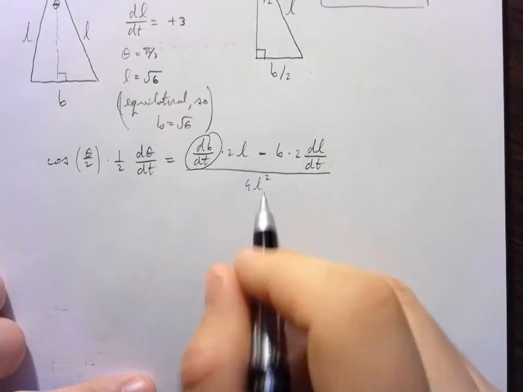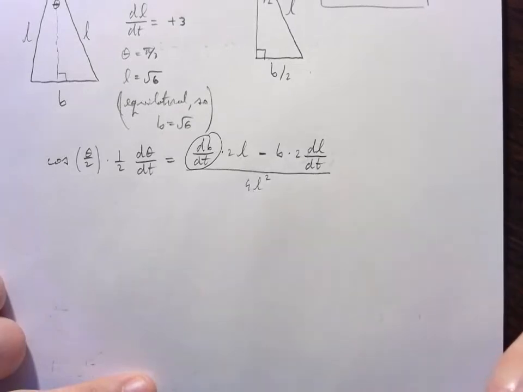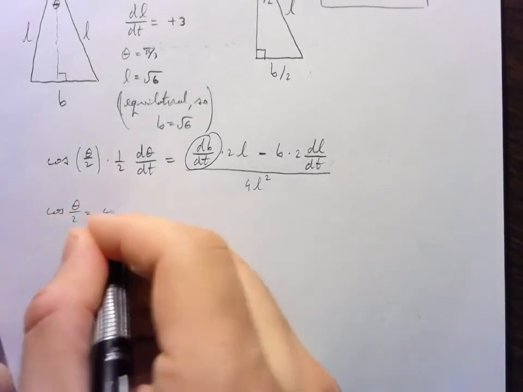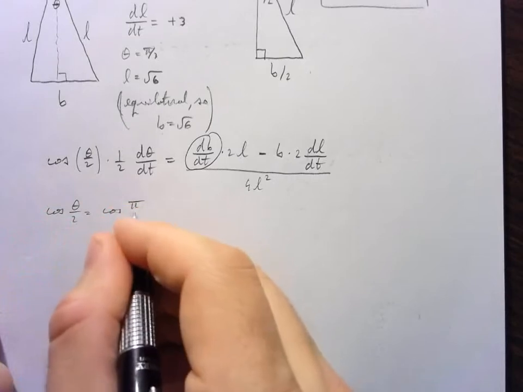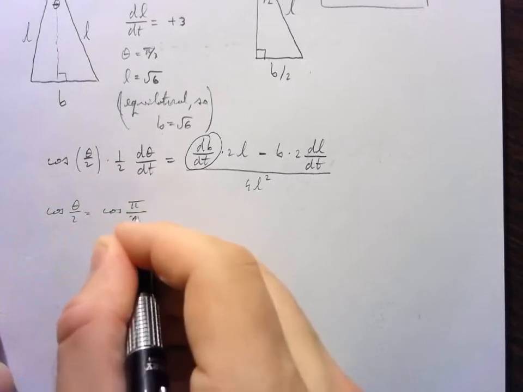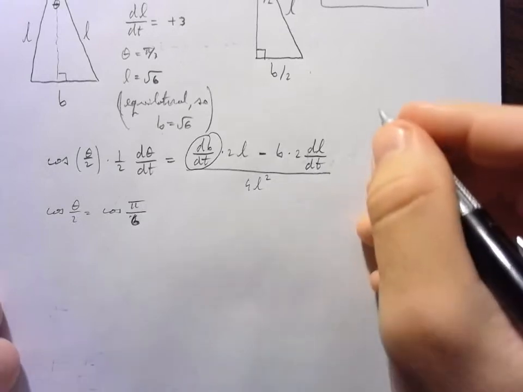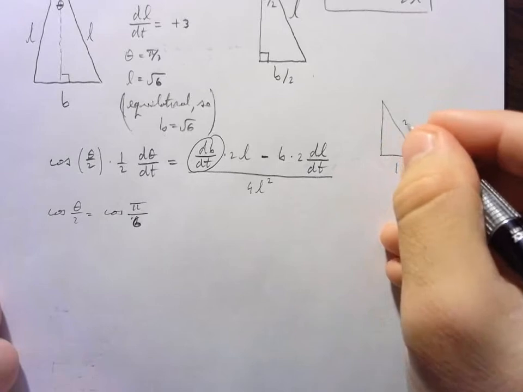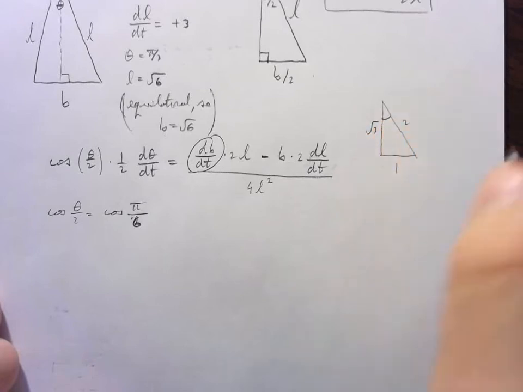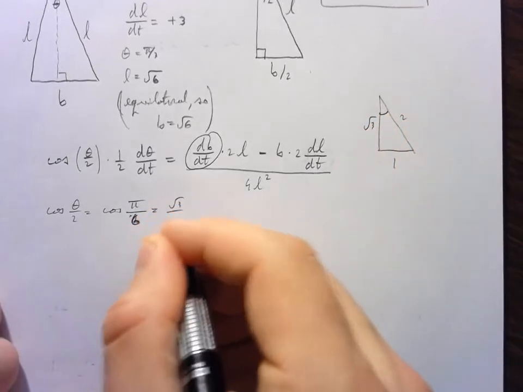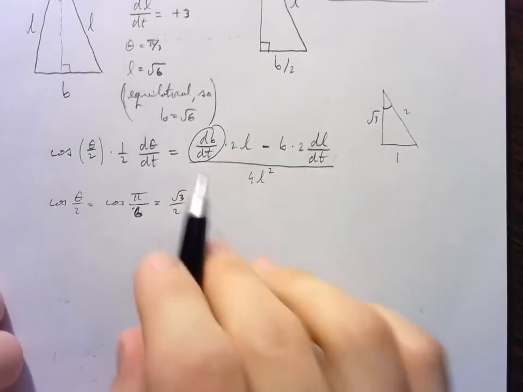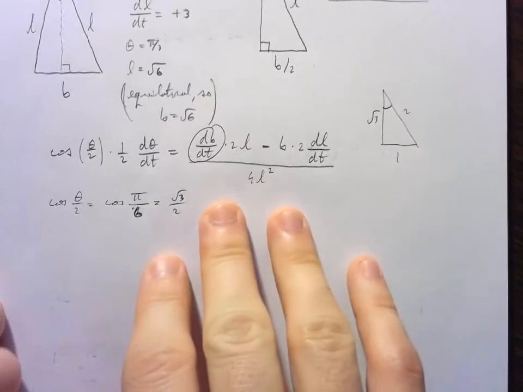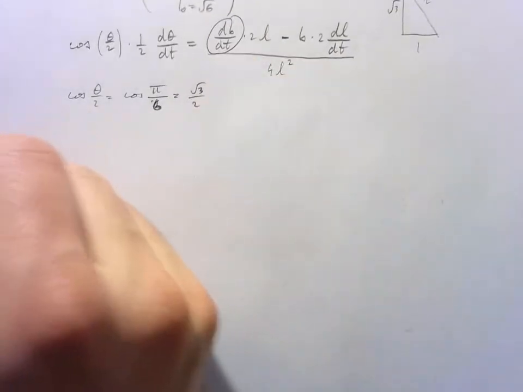I know L and B, and cosine of theta over 2 is going to be cosine of, since theta is pi over 3, cosine of pi over 6, and I know the angle for that. I know that's going to be √3 over 2. So once I plug in everything, I can easily solve for this. The rest is just algebra. I'll let you guys do that on your own time.